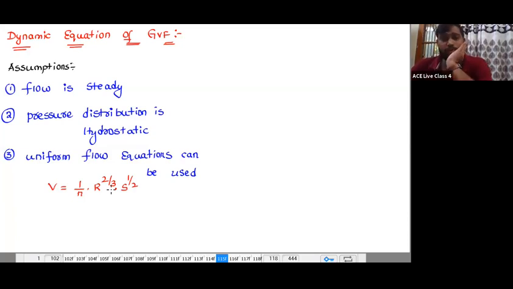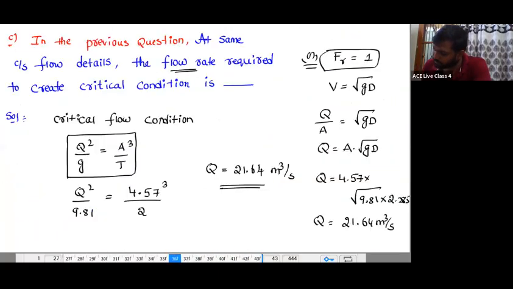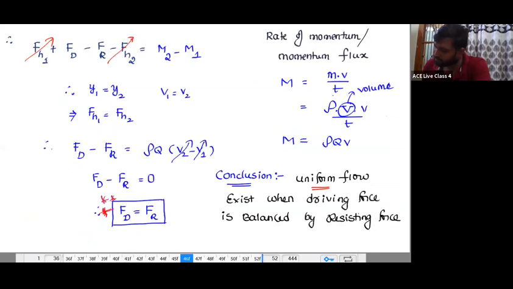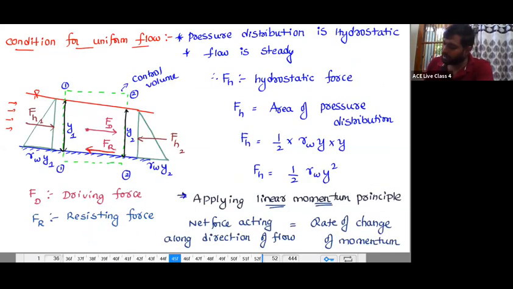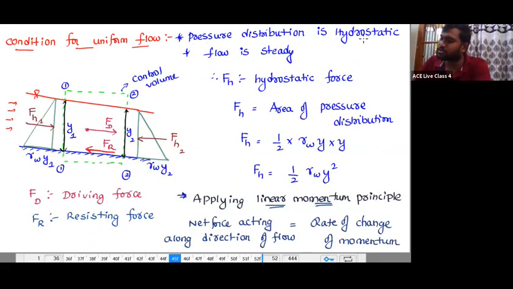Sir, how do I use this equation in the case of gradually varied flow? If you go back and remember the uniform flow, the assumptions I have taken are that pressure distribution is hydrostatic and flow is steady.